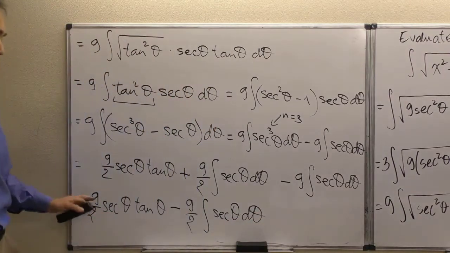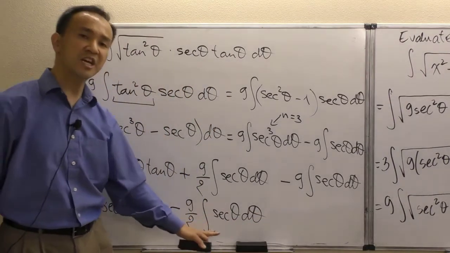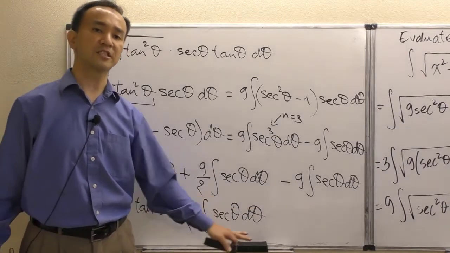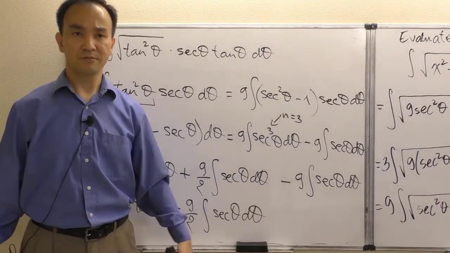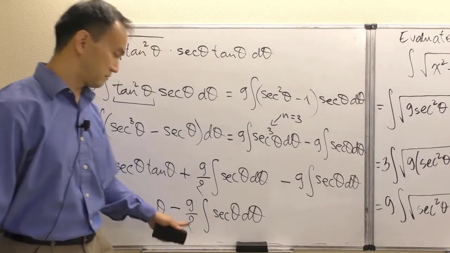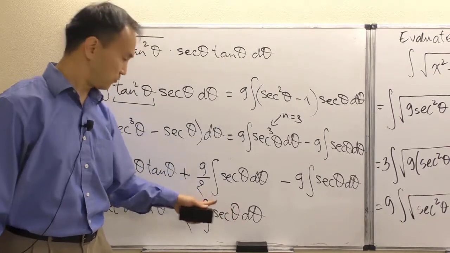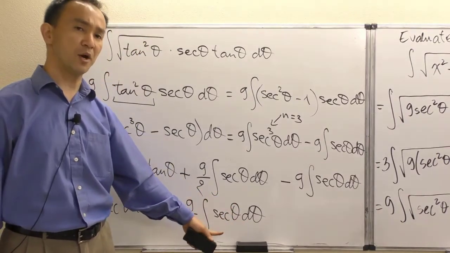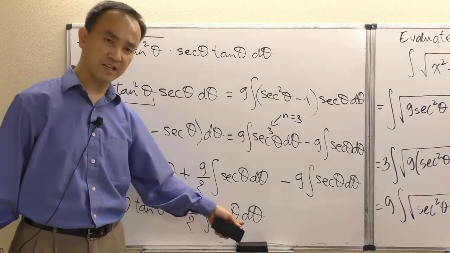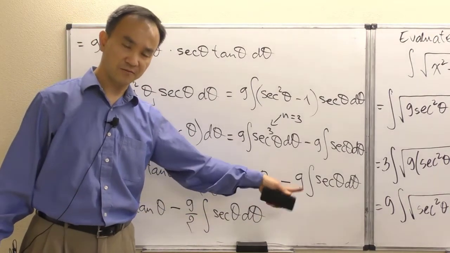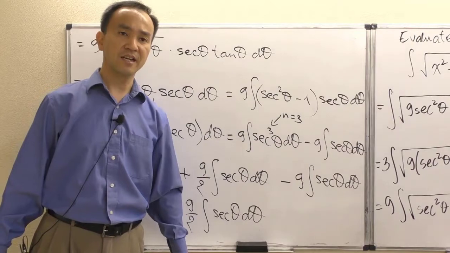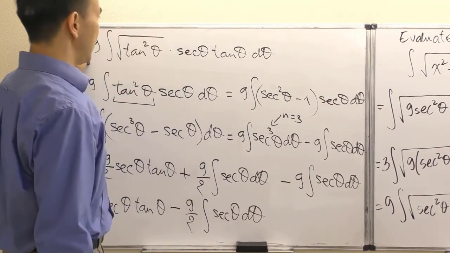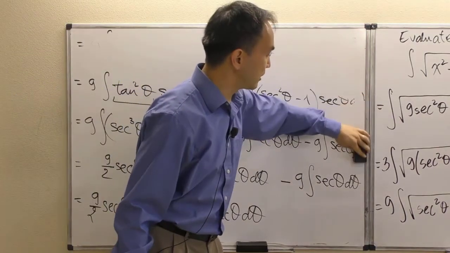We have seen how to find the indefinite integral for secant theta often enough, so I'm not going to give too much explanation anymore. We know by heart at this point that the integral of secant theta is the logarithm of secant theta plus tangent theta in absolute value. Allow me to erase this part right here.